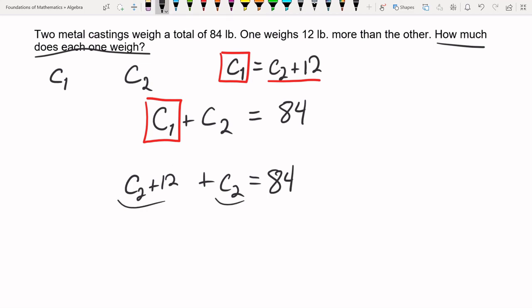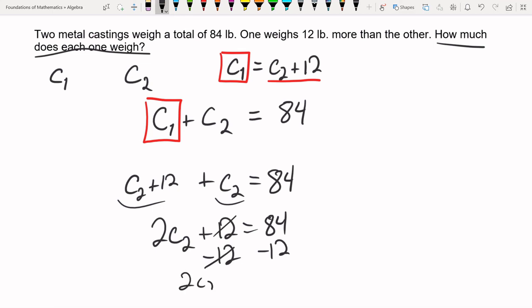And now you see I have like terms. C2 plus C2 is 2C2. I'm going to subtract 12, giving me 2C2 equals 72. And divide by 2 to get C2. So C2 equals 72 divided by 2, which is 36.